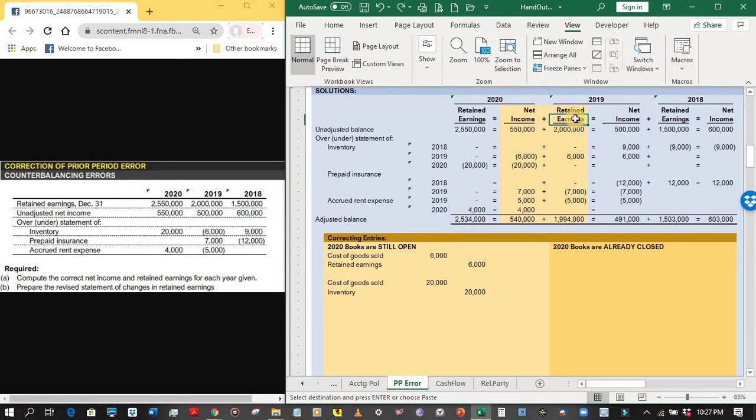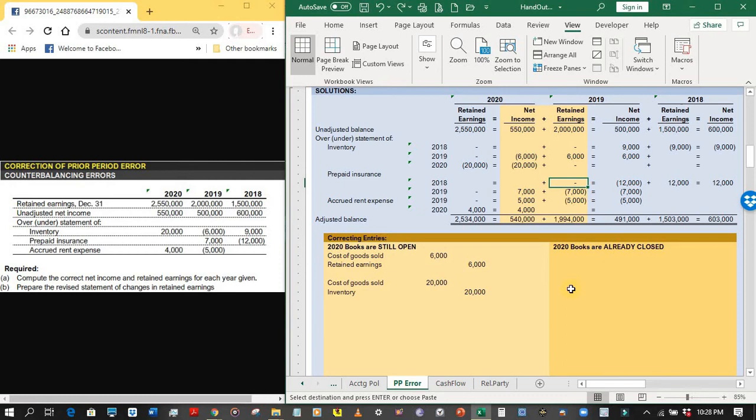And that is because this error is a counterbalancing error. It means that the prior period net incomes were able to counterbalance the effect of the error as of the end of 2019. So it means that there is no more need to prepare any correcting entries related to the 12,000 error in 2018. So let us now proceed to the next error on prepaid insurance.